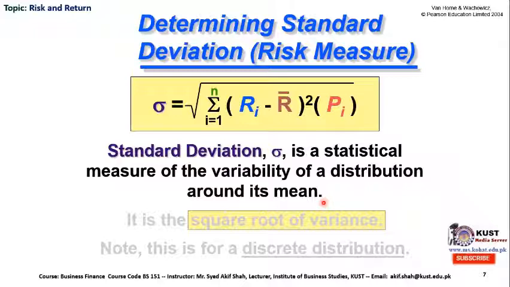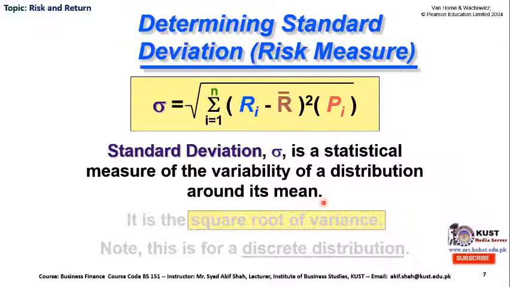Let's say a class has 10 students, and the mean or average score obtained in the statistics course is, let's say, 65. Then it is not necessary that all 10 students obtained 65 marks. Definitely there will be variability in the marks obtained by different students.